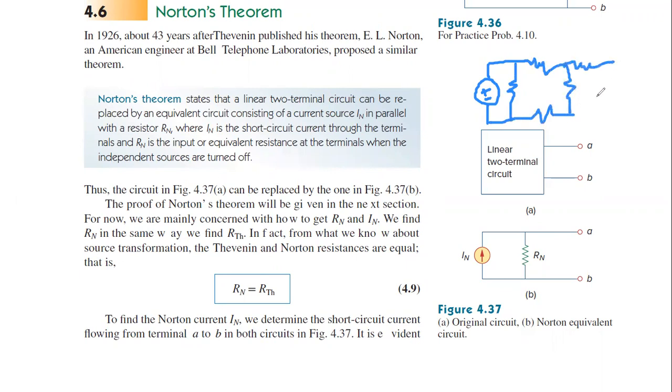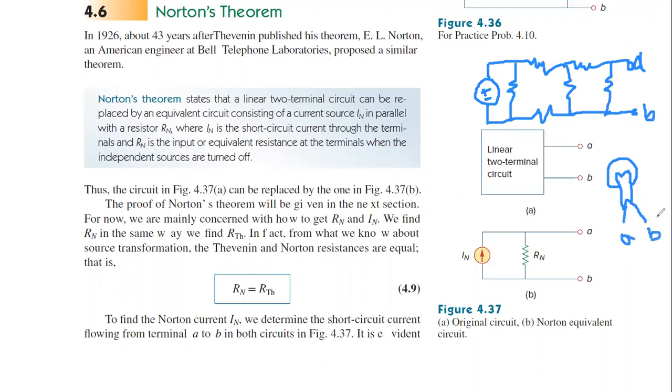Here resistance, resistance, and one more resistance. From here, I give a connection. So these are the output terminals, this is A and this is B. Here I have a bulb of 60 watts. This is terminal A and this is terminal B.